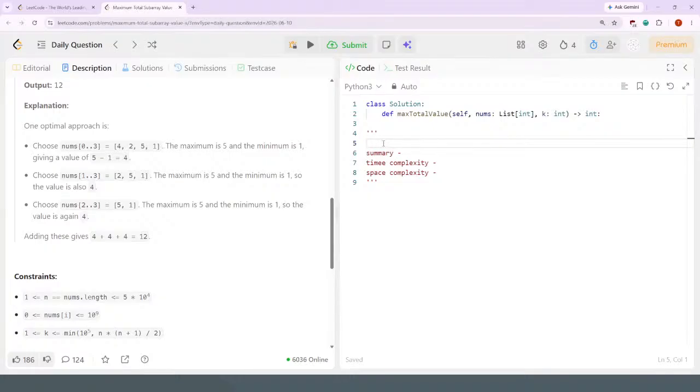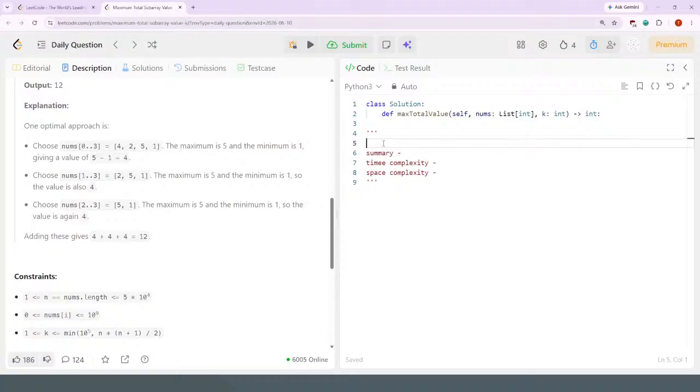Okay, so if you're going to choose k subarrays, let's say there's a position where the maximum and the minimum reside. And let's say somehow they're unique, then you want to use all the subarrays that include them.